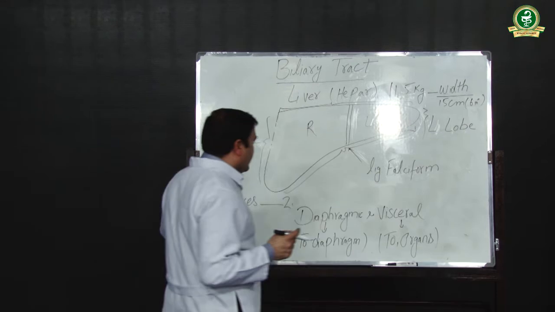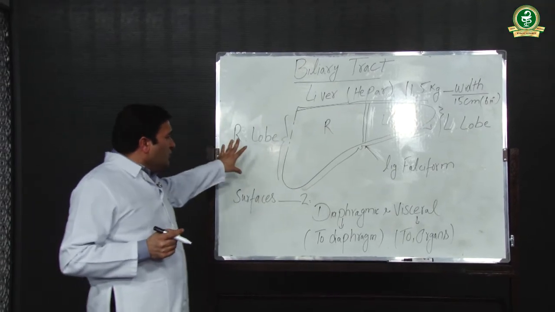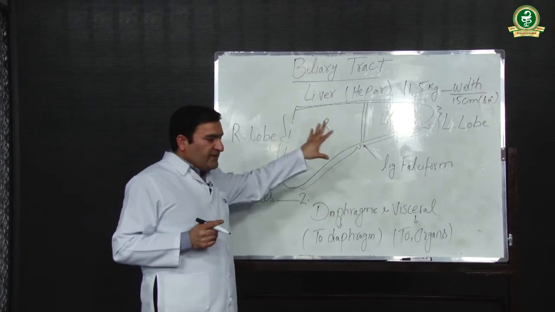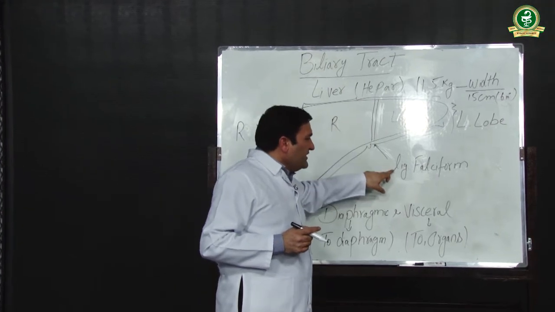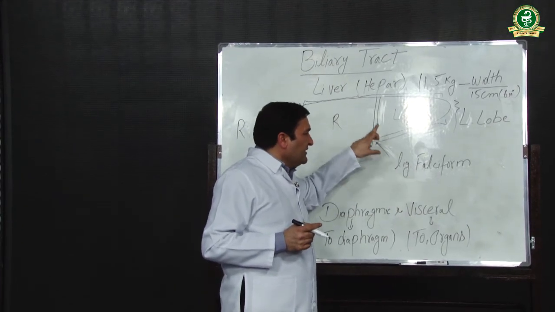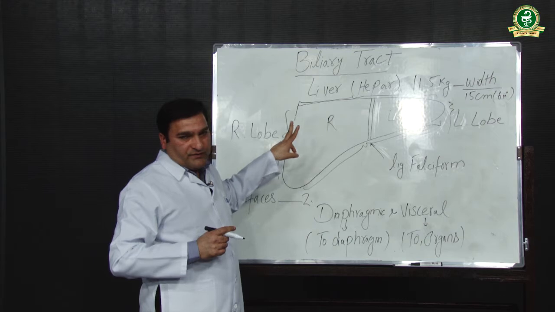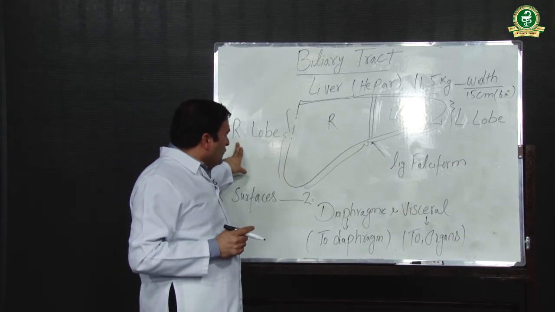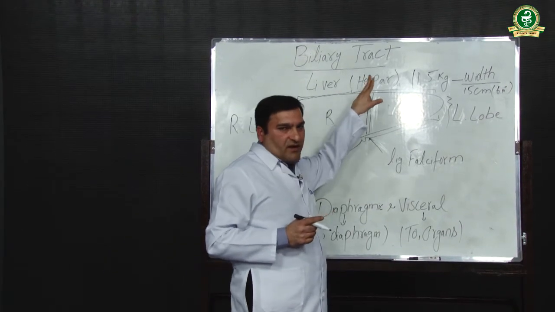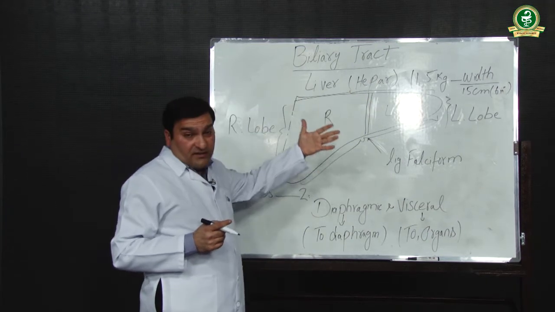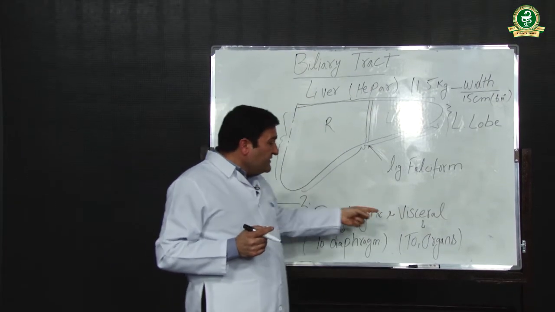Two lobes, right and left. Why two lobes? The falciform ligament divides the liver into two main groups, named the right lobe and the left lobe. On the superior side there is the diaphragm, and on the inferior side there is the visceral layer.